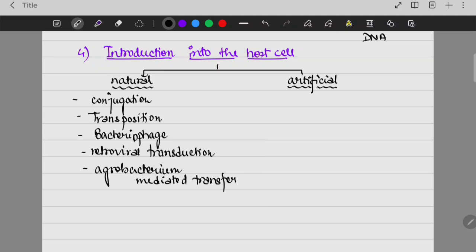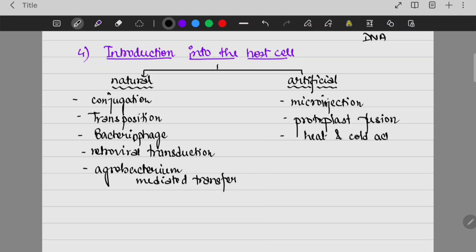And the artificial methods include microinjection, protoplast fusion, heat and cold action, meaning repeated heat and cold changing of the environment around the bacteria, so that permeability increases and they take up the recombinant DNA, and ballistic gun use.